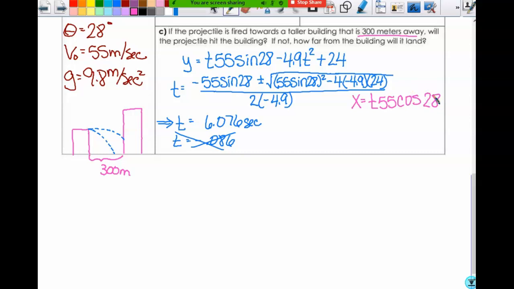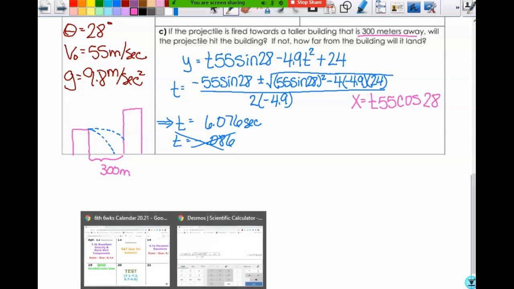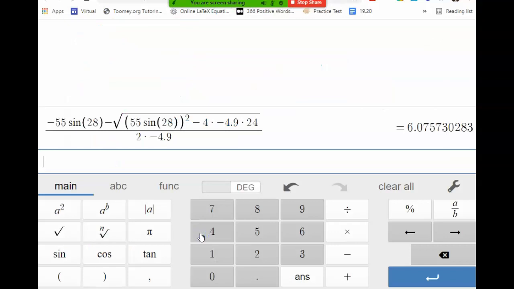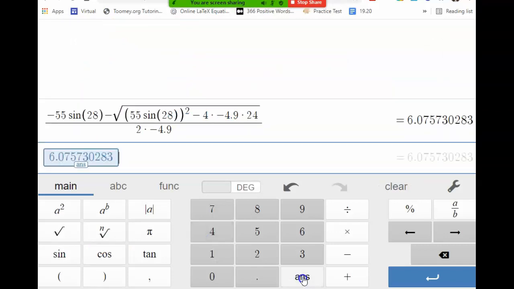But I'm using t from my calculator. I am not typing decimals back in, or I will get the wrong answer. So this is my t, my answer. Okay, so I've got that times 55 times the cosine of 28, right?